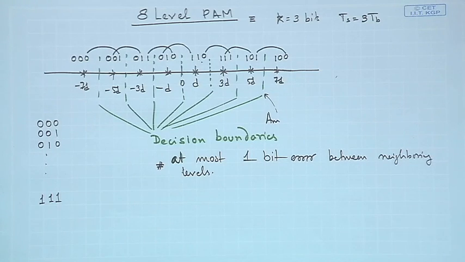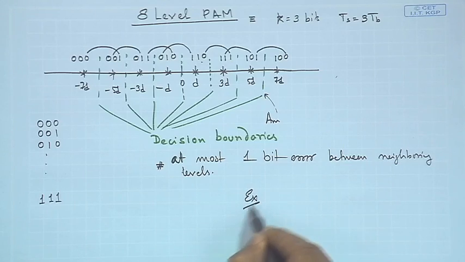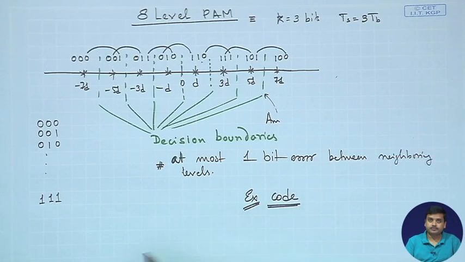You could try for yourself as an example or as an exercise, can you find some other mapping instead of the one that we have displayed over here, and could you write a short algorithm or a script by which you could automatically assign these bit sequences to the levels in a gray coding format. So, you can try out an exercise where you can develop a MATLAB code.